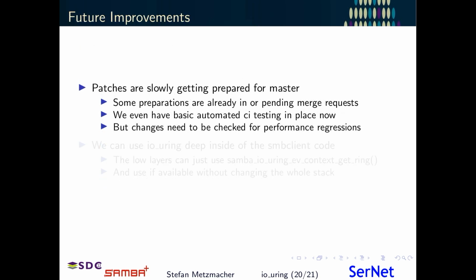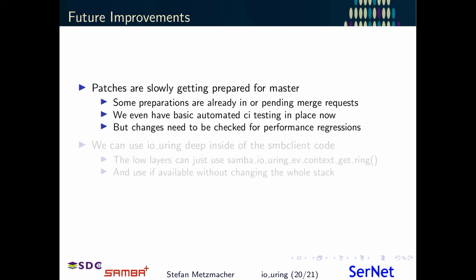So in order to get things upstream, I already added some of it to upstream, preparation patches, restructuring the code in the main SMB2 server. I even have automated testing now in place for the VFS module, but the rest of the changes need a bit more work in order to avoid these performance regressions.